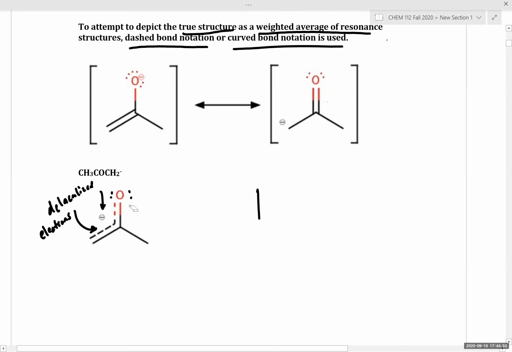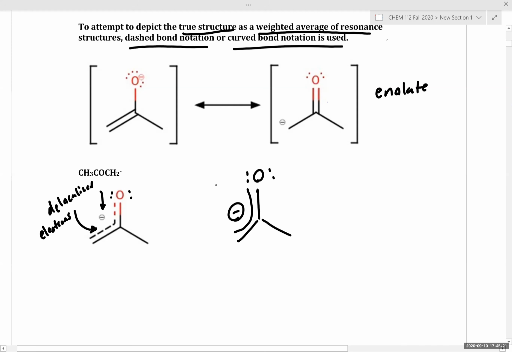Another way that this uneven, this is an entirely different compound. So this is not acetic acid anymore. This is looking at the 2 resonance structures of what we call an enolate. Another way we can showcase this delocalization of charge and electron density is by using a curved bond connecting all atoms that are participating in resonance.